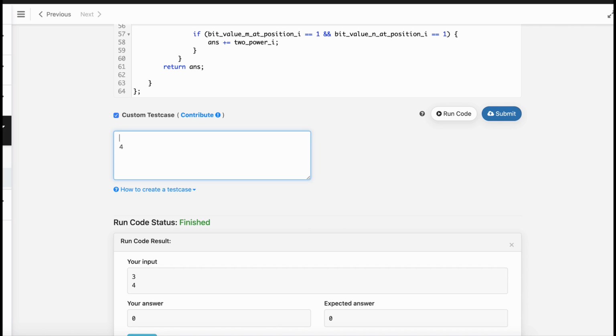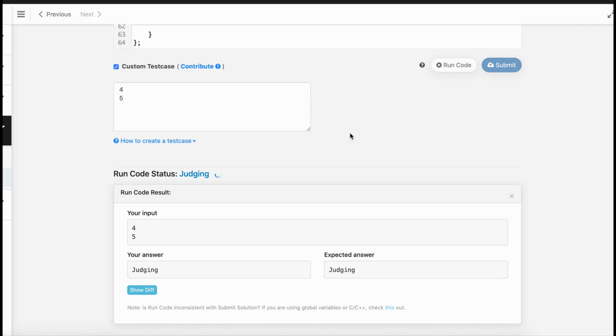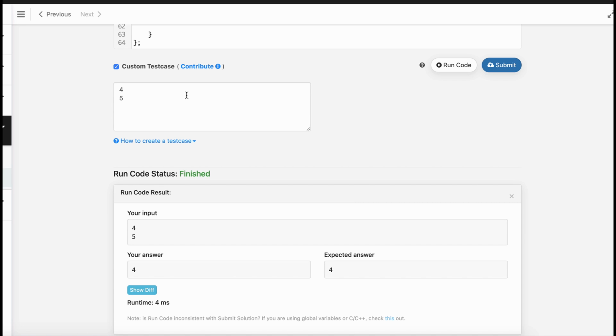Let's say 4 and 5. It should give us 4. 4 is 1 0 0, 5 is 1 0 1. Gives 4, right.